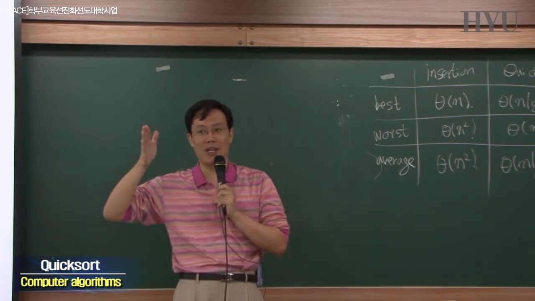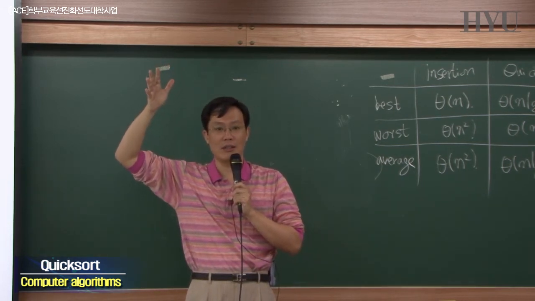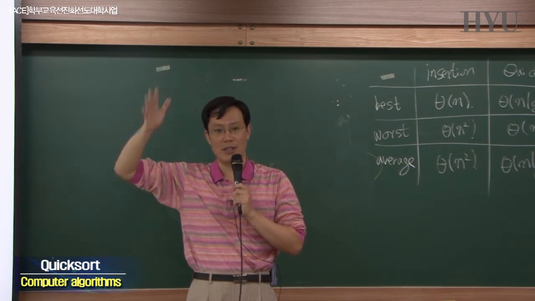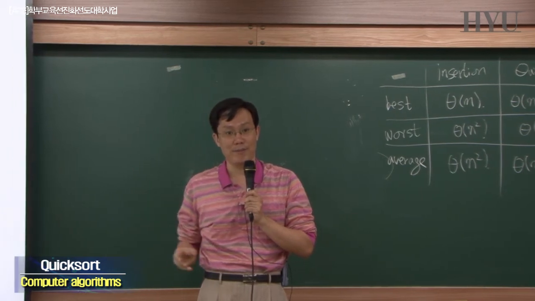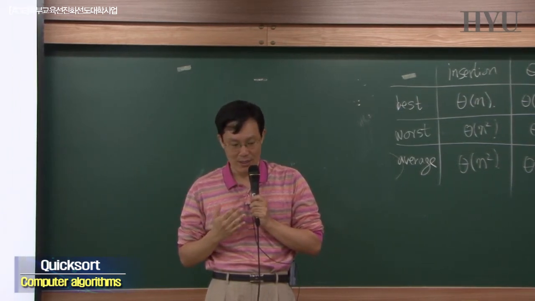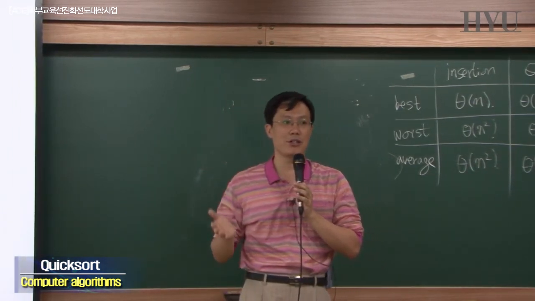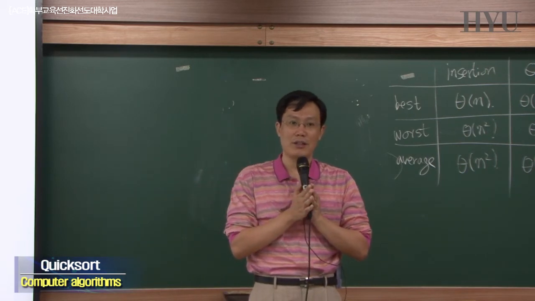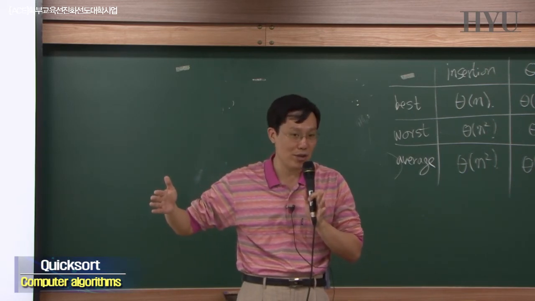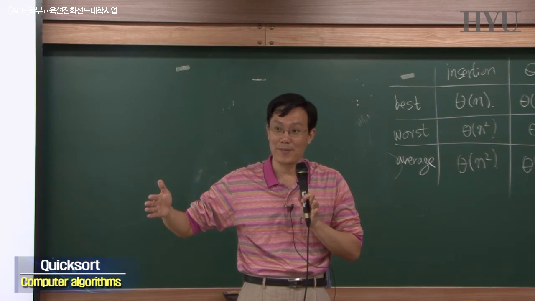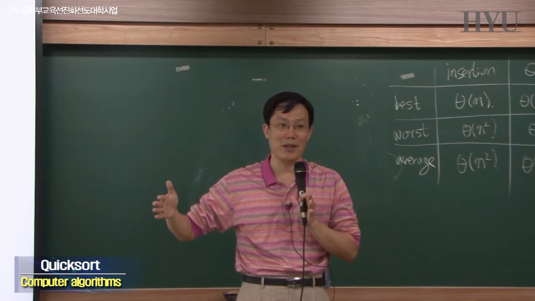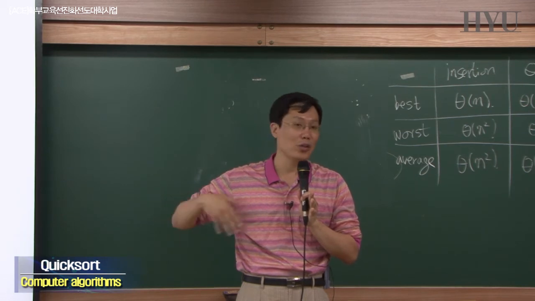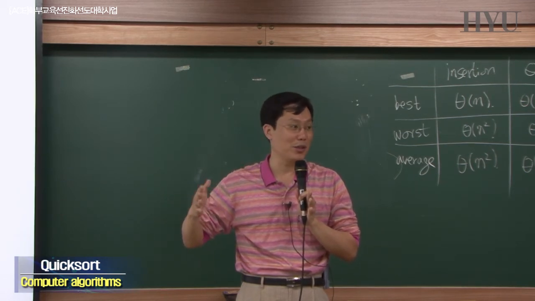Okay, assume that we select the pivot element in the rightmost position. Then think about this situation. The array is already sorted. We have a sorted array, but we don't know it is really sorted.